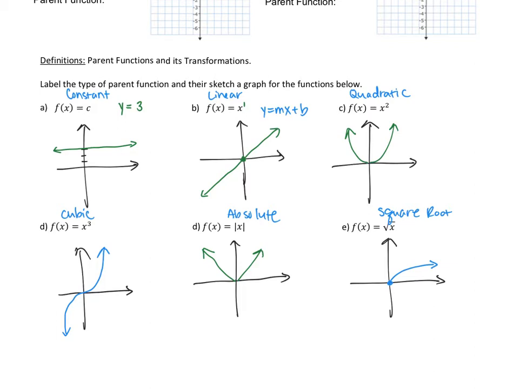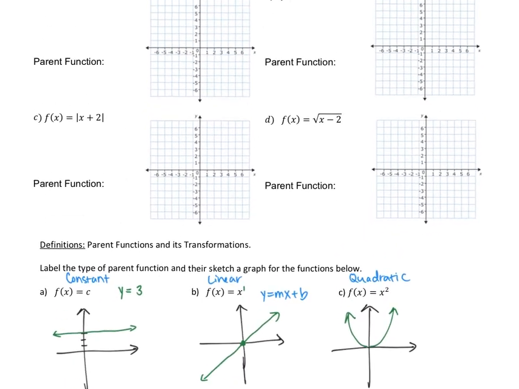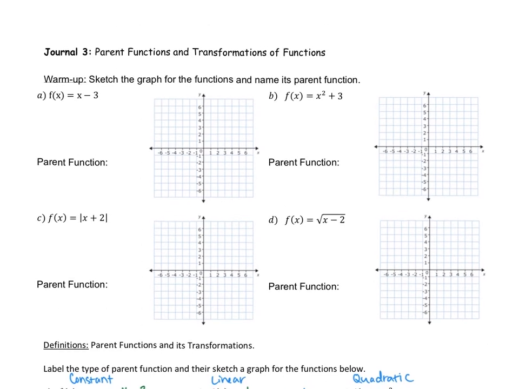Now, what will happen in this chapter is you're going to learn all the different shifts that associate with each parent function. So now let's go back to the warm-up problem and talk about the different basic shifts that you've learned in Algebra 2. So it doesn't matter what type of parent function it's associated with, the shifts are relatively the same when it comes to any type of parent function.